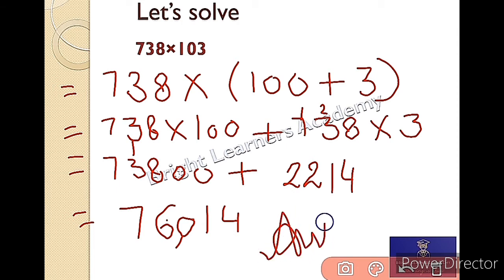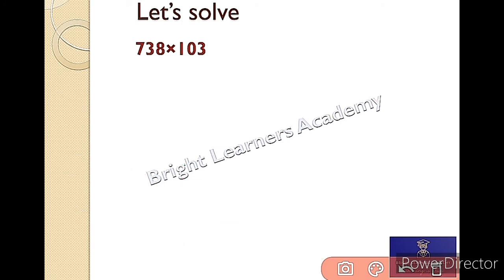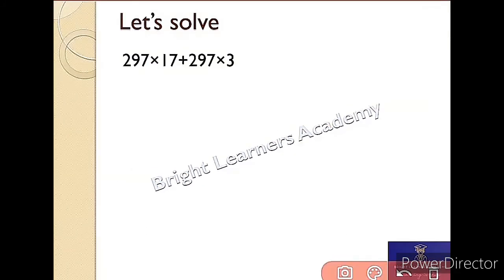76,014. Okay. Now let's solve another question. This is also from your NCERT book. So if you will observe it carefully, so 297 is repeating 2 times. So it means this is that sweet. Remember our example?